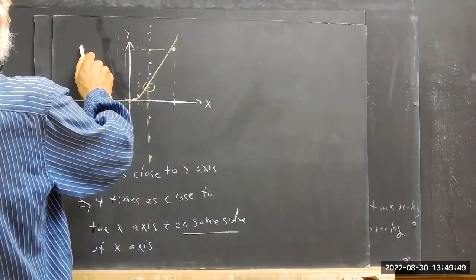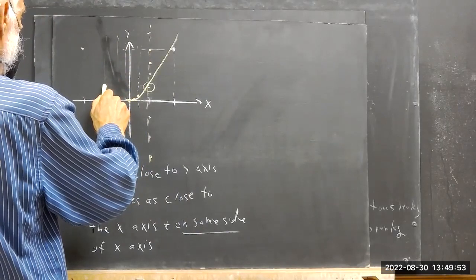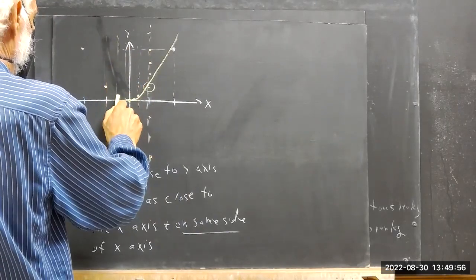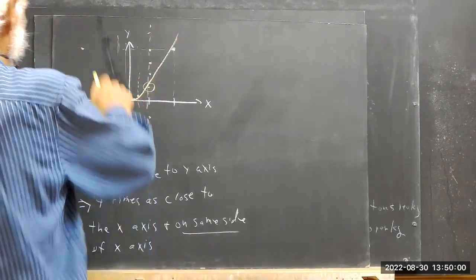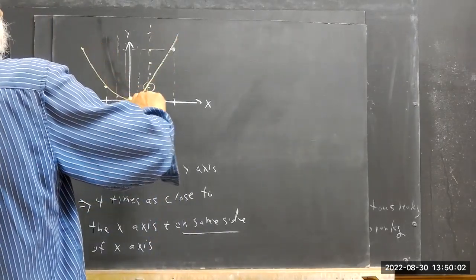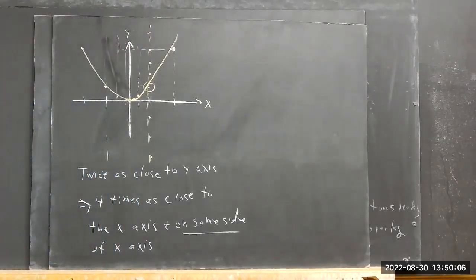However, it's not at this point over here, and then twice as close, 4 times as close to putting here, and then twice as close to 4 times as close to putting here. So it'll look exactly the same on this side as it looks on this side. Still not very well drawn, but it's a parabola. Okay. There's another one.